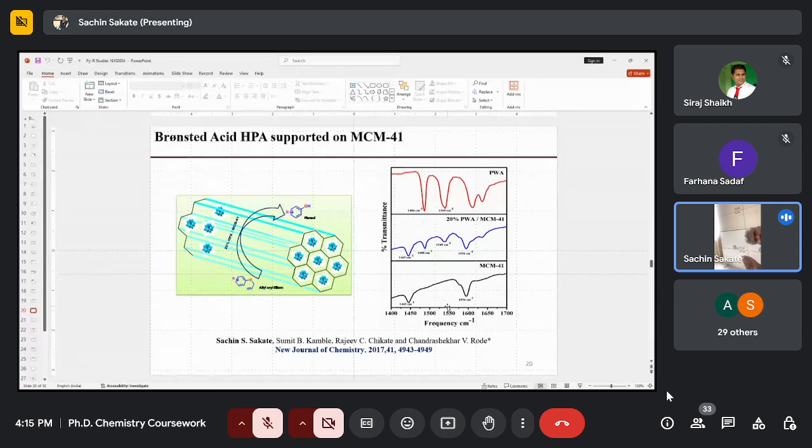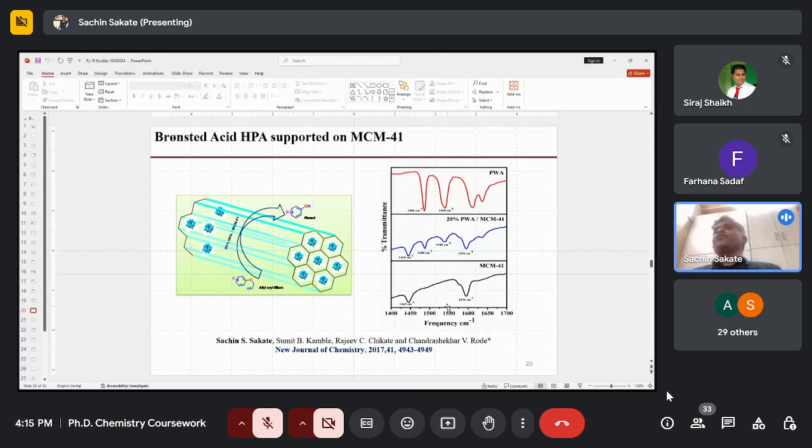Now at 1540, the peak is observed, the Bronsted acidic peak is observed for our prepared catalyst, 20% phosphotungstic acid on MCM 41. So that Bronsted acidity is retained.